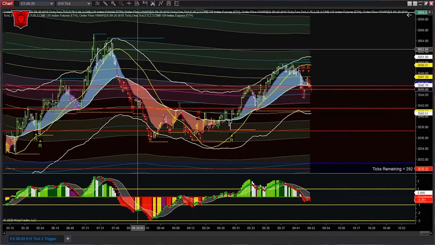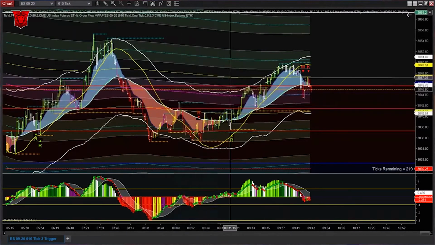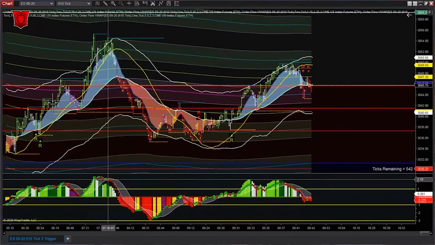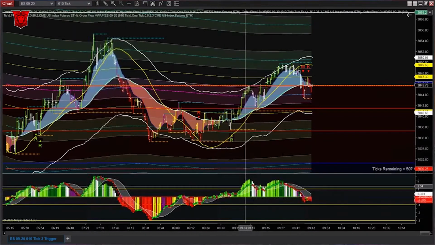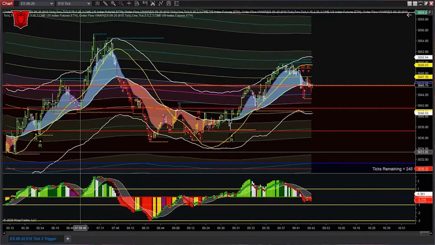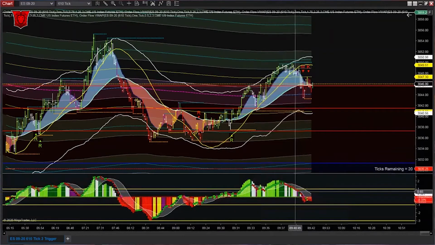So what we're looking at here is basically the Congressive system. This is my MACD BB, but I have another indicator here that enhances it even more. So there's the MACD BB that we usually use.